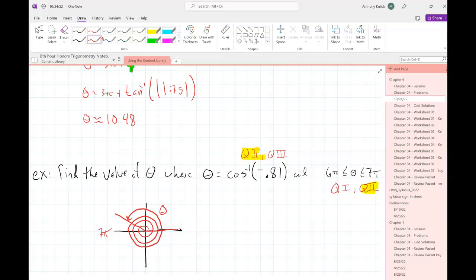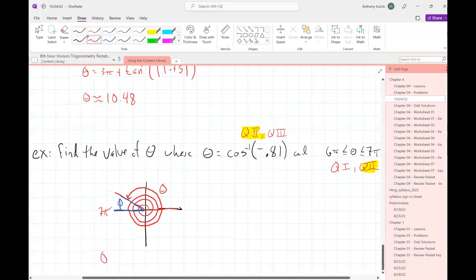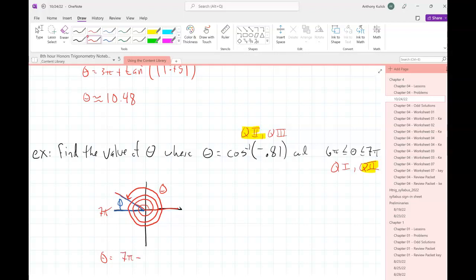Everybody's cool so far? Again, my angle phi happens between the terminal side and the x-axis always. So if I look at this example, is theta bigger than 7 pi or smaller than 7 pi? Smaller, right? It doesn't quite get to 7 pi, so it has to be smaller. How much smaller is it? Phi smaller.